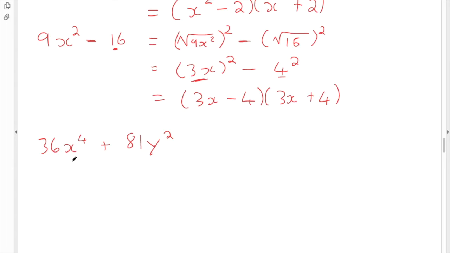I know this seems like a big jump, but it's the same principle. So in this case, we have the root of 36x to the power of 4 minus, sorry, this is supposed to be minus. If it's a plus, it will not work out. So this is supposed to be minus the root of 81 y squared.